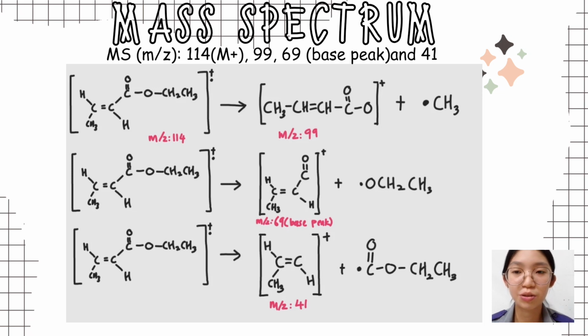The same thing goes to the second fragmented ion predicted, which is 69. 114 minus 69 is the loss of the OCH2CH3 group. And the last cation structure predicted is with the m/z value of 41. It's because 114 minus 41 is 73, and this is the possible structure of the fragmented cation.